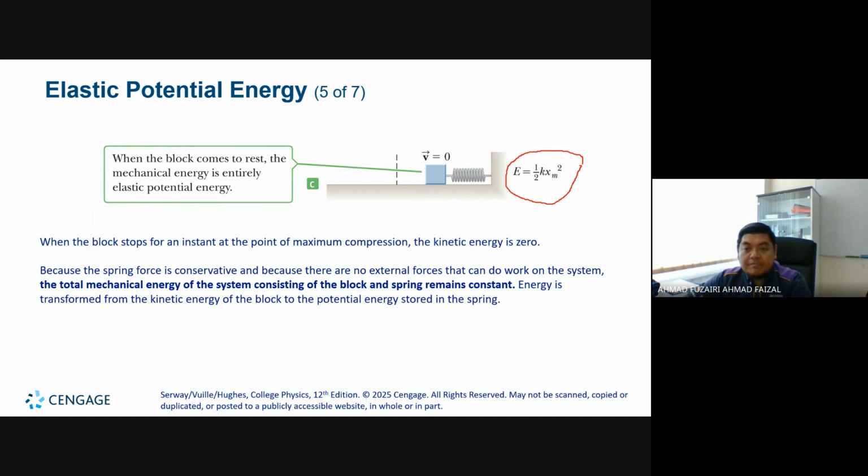Because the spring force is conservative and there is no external force that can do work on the system, the total mechanical energy of the system consisting of the block and spring remains constant. Energy is transformed from the kinetic energy of the block to the potential energy stored in the spring.